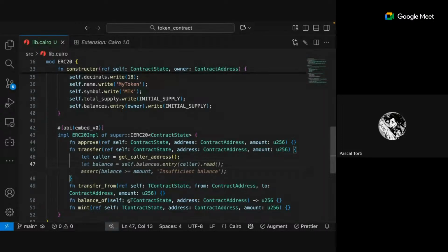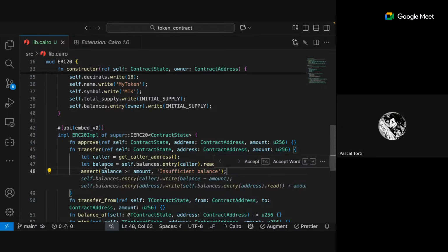Then we have to check the balance, because you can't tell me that if somebody has $20, you will now transfer $30. You're a magician, I understand. But now we have to make sure that the caller's balance is sufficient to make this transaction. So you're going to check it here.